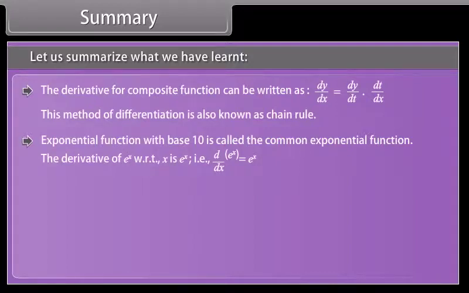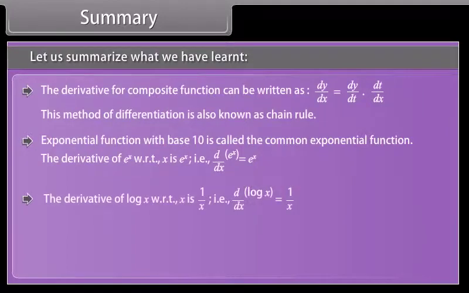The derivative of e raised to the power x with respect to x is e raised to the power x. The derivative of log x with respect to x is 1 by x, that is, d by dx of log x is equal to 1 by x.